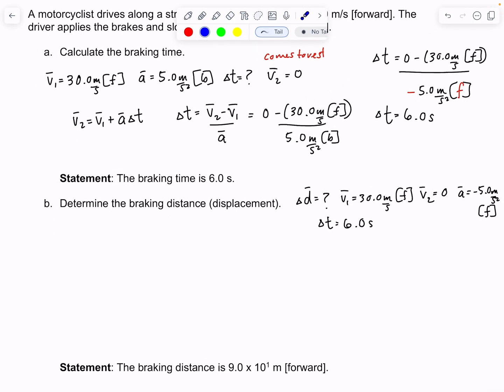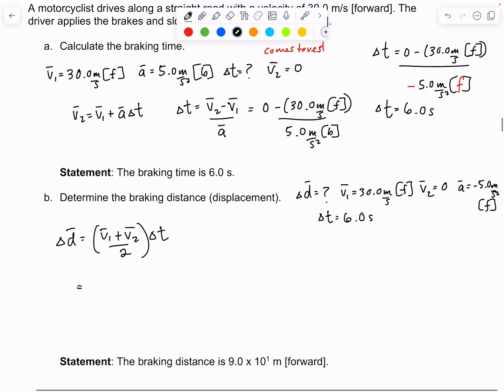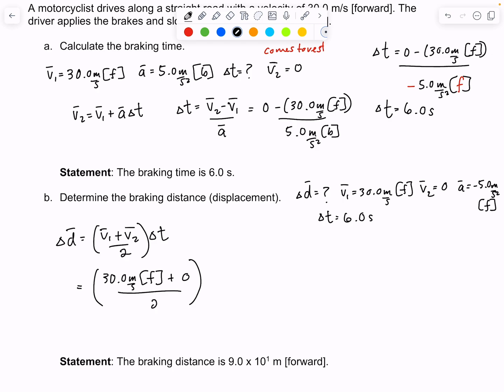I'm going to use equation number 1, which states that the stopping distance is equal to V1 plus V2 over 2 times delta t. We can sub and solve, and we are left with 30.0 meters per second forward plus 0 divided by 2 times 6 seconds.